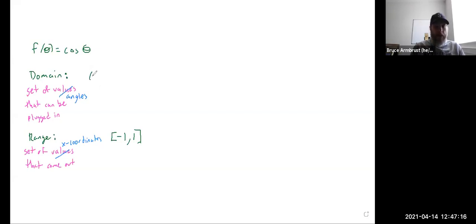So it turns out that the domain of cosine is actually negative infinity to infinity. You get all real numbers. You can plug in any angle you want, and you are going to be able to get a cosine. And that cosine is going to be somewhere between -1 and 1.